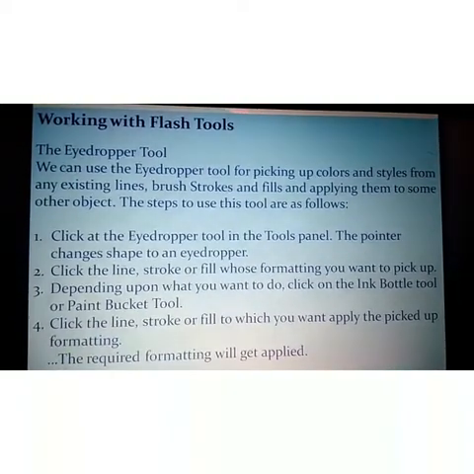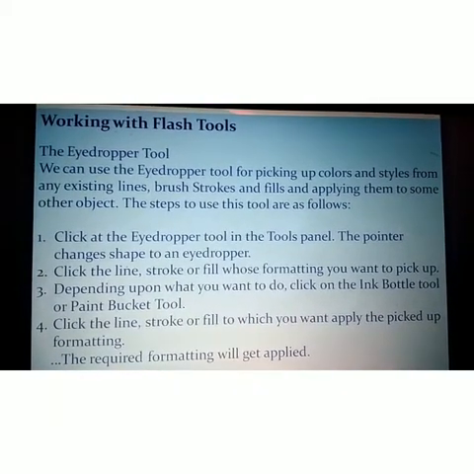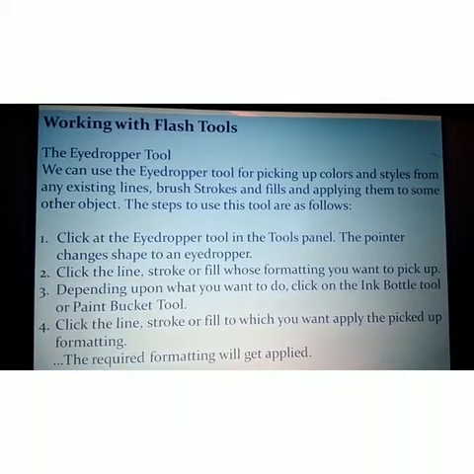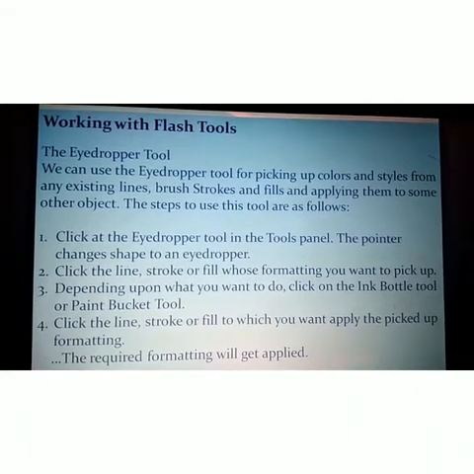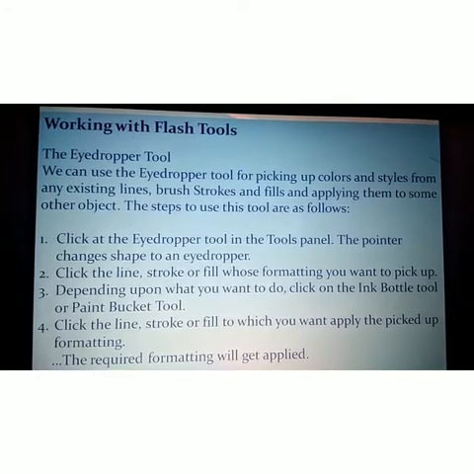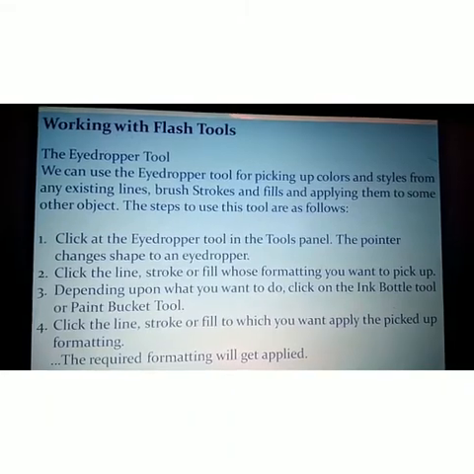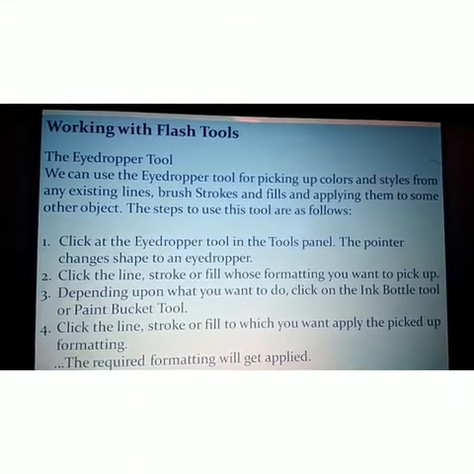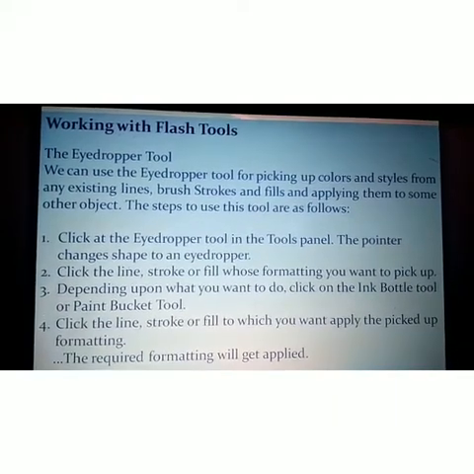First, click on the eyedropper tool in the tools panel. Then the pointer changes shape to an eyedropper. Then click the line, stroke or fill whose formatting you want to pick up. Then depending upon what you want to do, click on the ink bottle tool or paint bucket tool. Then click the line, stroke or fill to which you want to apply the picked up formatting.